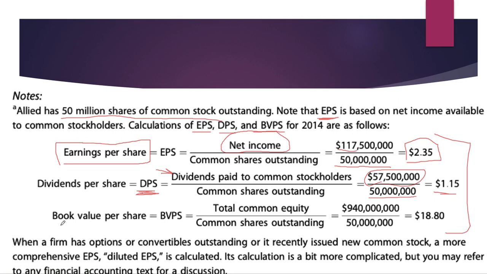Another one we have is the book value per share. We have demonstrated this from our balance sheet, where we have the total common equity, and we divide this by the common shares outstanding. That was already calculated in the previous video as $18.8.